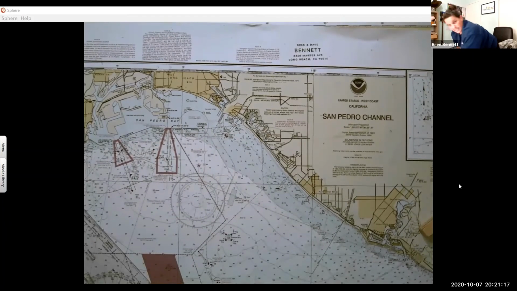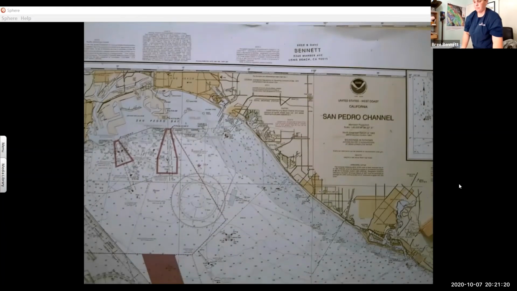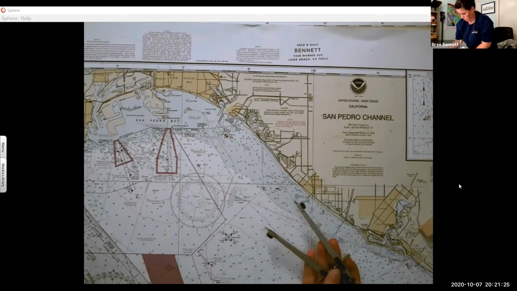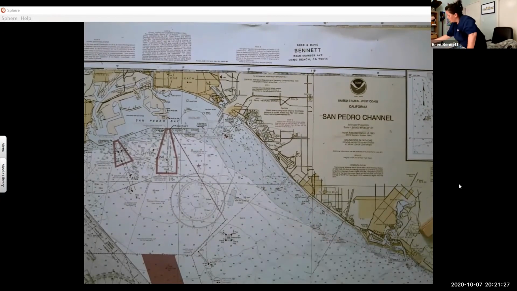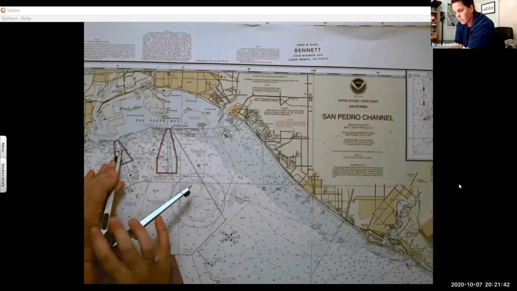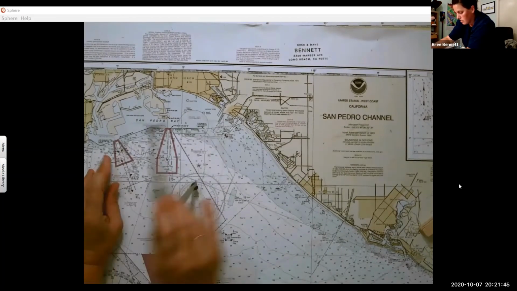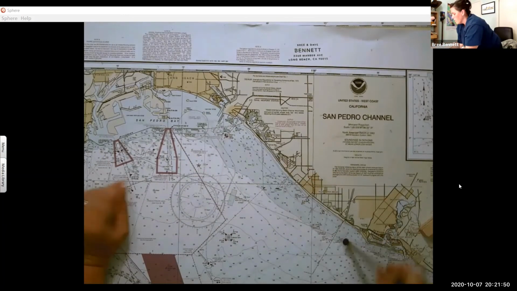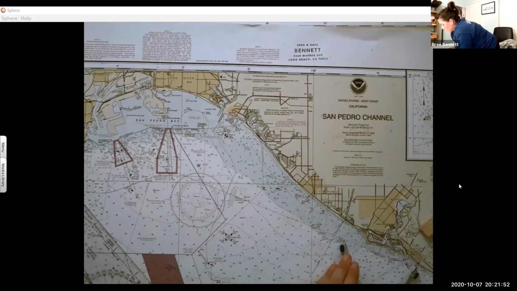What is the distance of this entire leg? So it's a long leg, so I'm going to get my dividers, 5 nautical miles, and then I'm going to walk those dividers. So I have 5, 10, 15, shy of 20, excuse me.